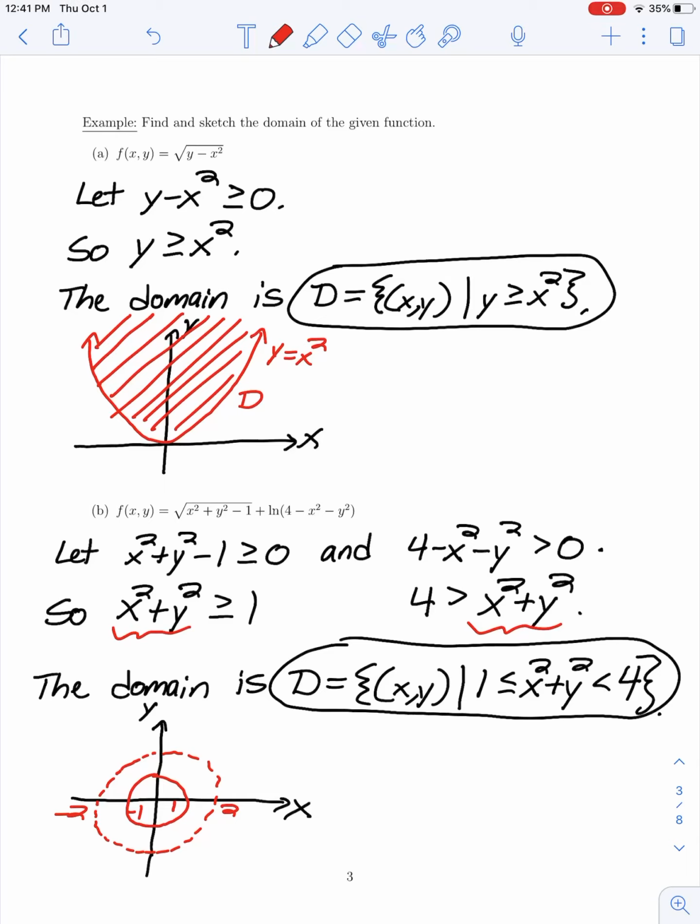So what we're considering here is the set of all points that would lie between these two circles. So we have a sort of ring shape for our domain D. This is actually something called an annulus. It's the region between two circles.